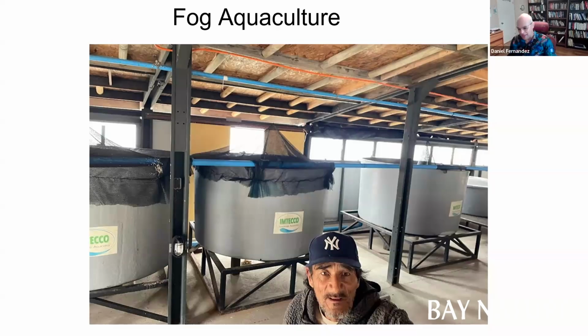So not only are you watering plants that need the water, but you're providing some fertilizer for them too, and you're getting the fish as well. And as you can imagine, it's a big balancing act to be able to do that. And they're working with several universities to try to make this happen in a way that's potentially scalable.